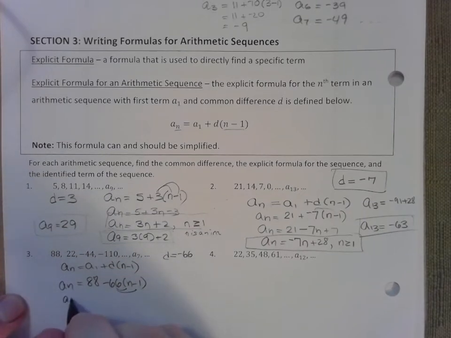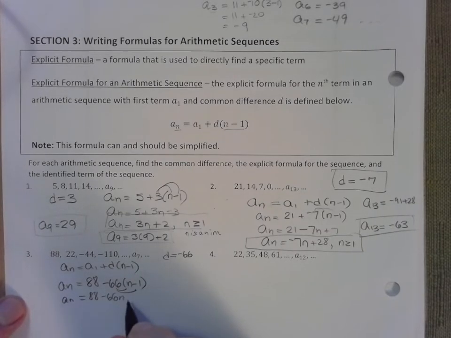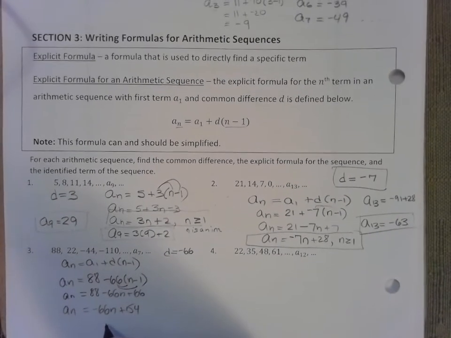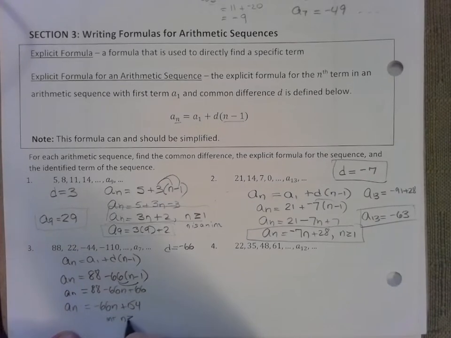A sub n equals 88 minus 66n plus 66. To simplify this, a sub n equals negative 66n. Let's see, 154 is what I got. This formula works for integers n greater than or equal to 1.